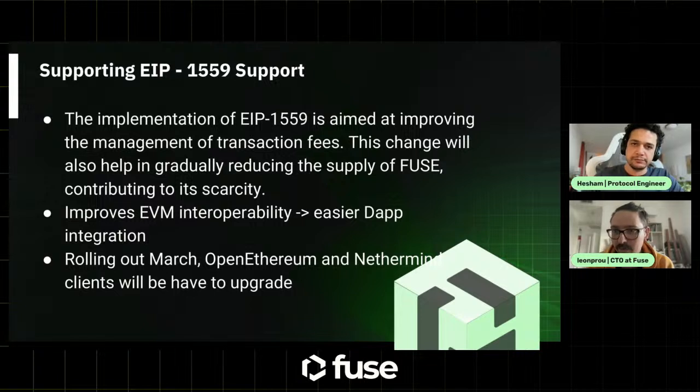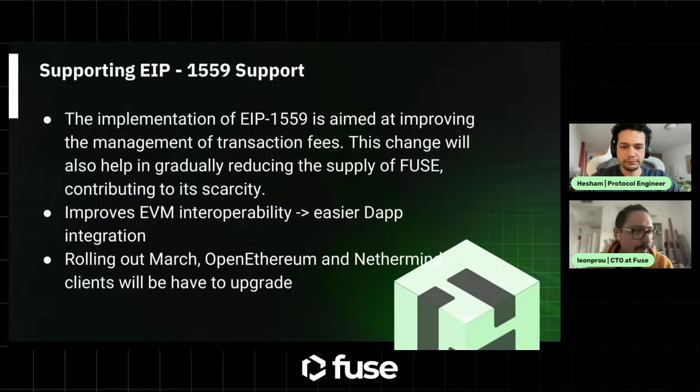So first of all, some of the fee is going to be burned, and the fuller the block is, the more the base fee increases, and more fee is going to be burned eventually. Also, one more important thing about this EIP is that it improves interoperability.